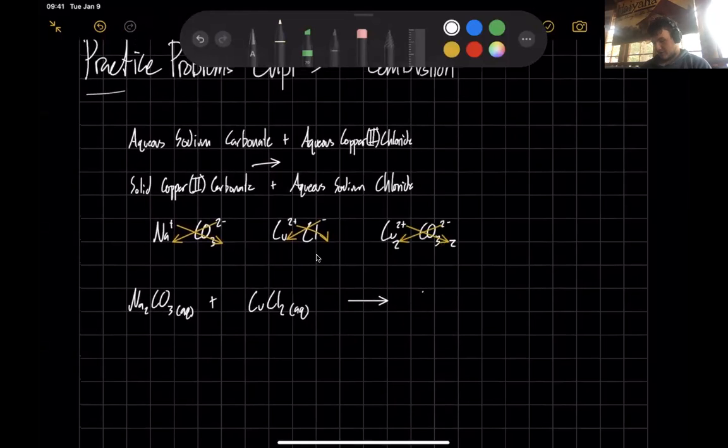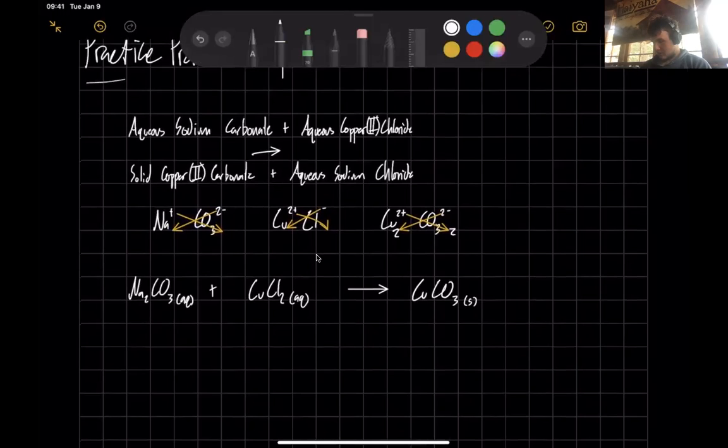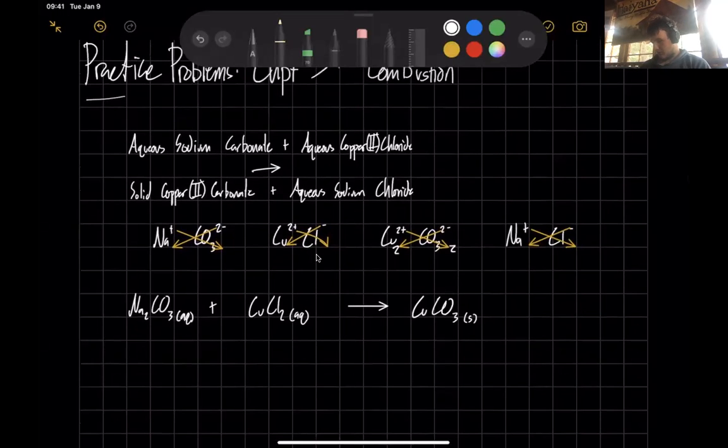So it's just CuCO3, solid. And then it also forms aqueous sodium chloride, both of which have opposing charges of 1, forming just NaCl, aqueous.